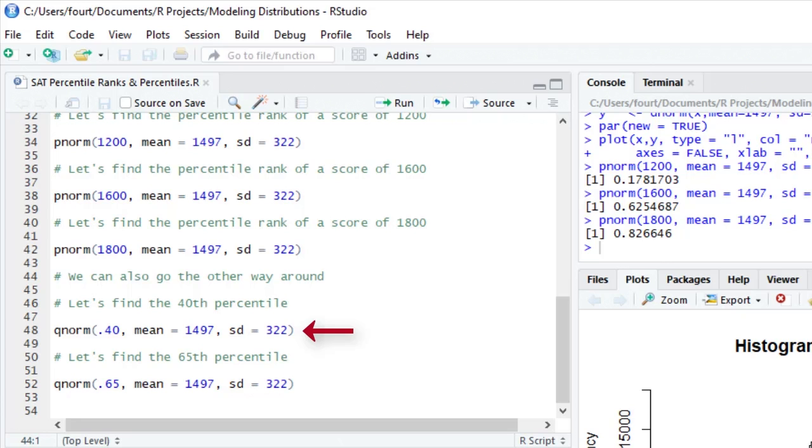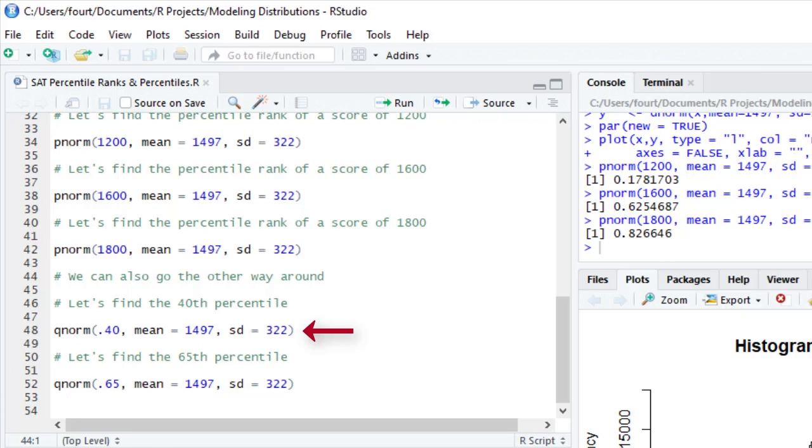Let's use qnorm to find the 40th percentile. The first parameter for the function is the proportion 0.40. The 40th percentile will have 40% or 0.40 of the data beneath it. So we need to provide 0.40 as the parameter.